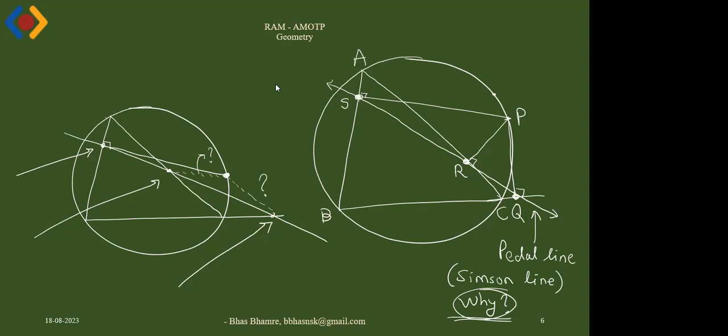So when we define what a pedal triangle is, in fact, we consider a point in the plane of the triangle, and we drop the perpendiculars on the sides of that triangle. Then the perpendicular feet are the vertices of that pedal triangle.